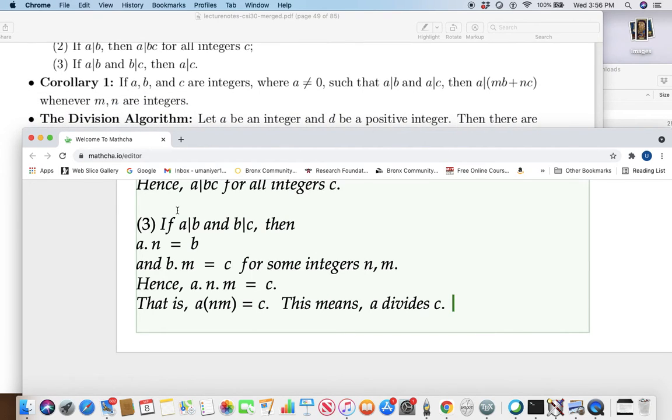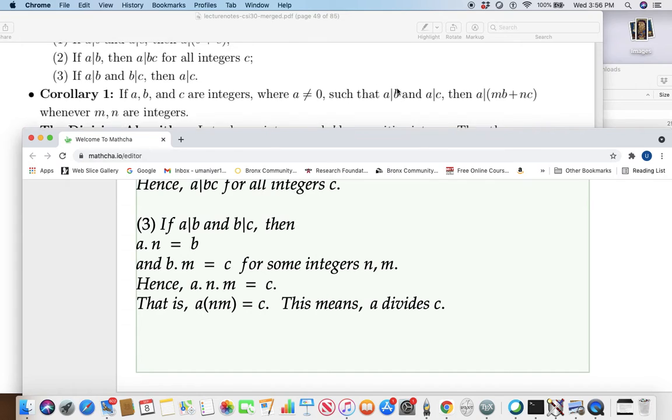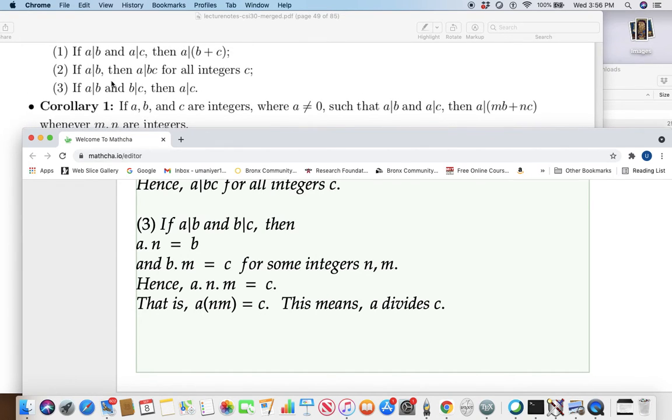Okay. Here is an important corollary. If A, B, C are integers where A is non-zero, that's my divisor, and A divides B, A divides C, then A divides MB plus NC. They are saying it's a corollary. Why? Well, if A divides B, then by 2, A divides B times any multiple. Okay?